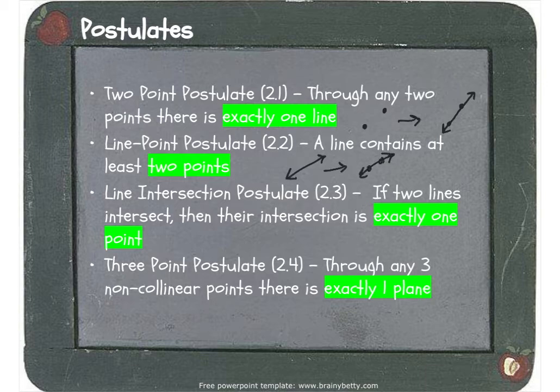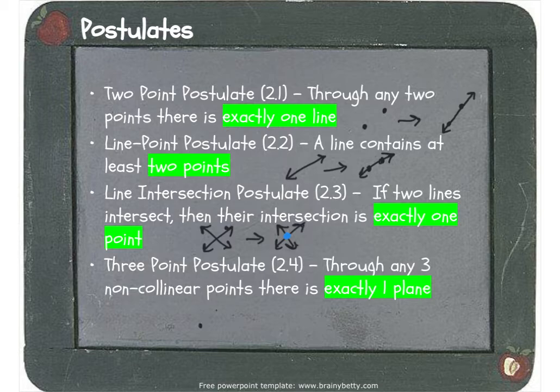The line intersection postulate states if there are 2 lines and they intersect, their intersection is exactly 1 point. So if we have 2 lines that intersect each other, we can say that that intersection is exactly 1 point. The 3-point postulate, through any 3 non-collinear points, there's exactly 1 plane.